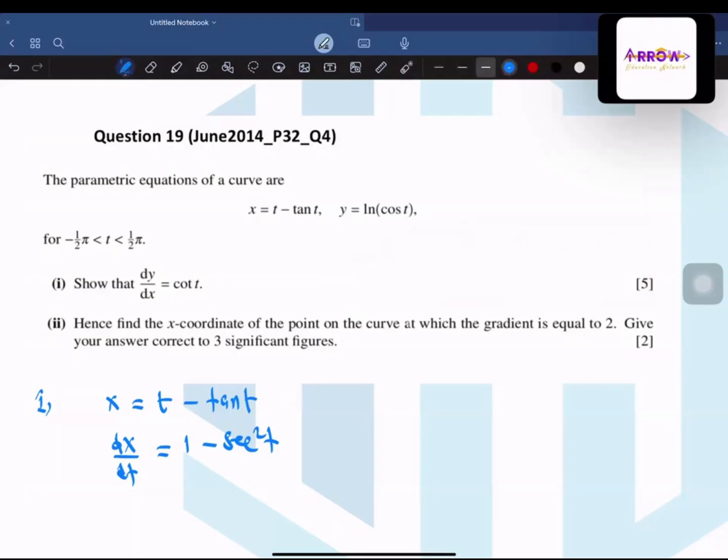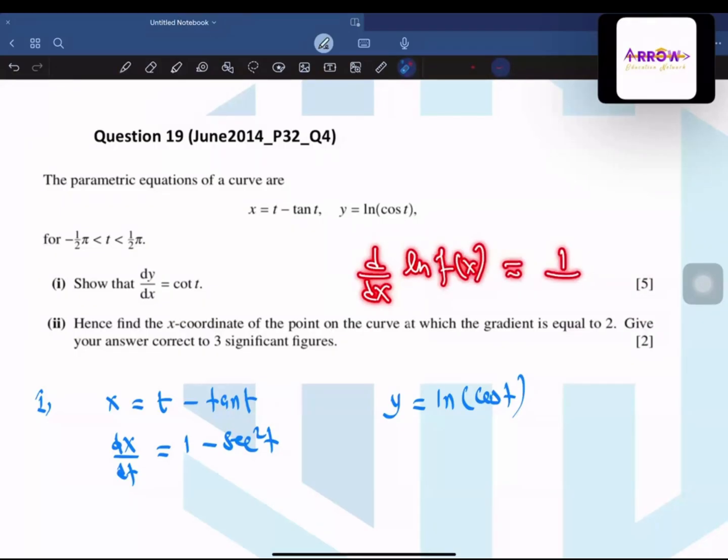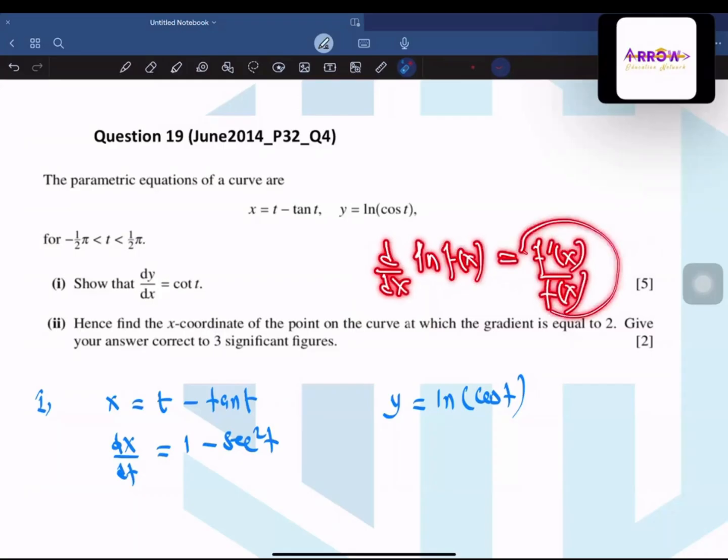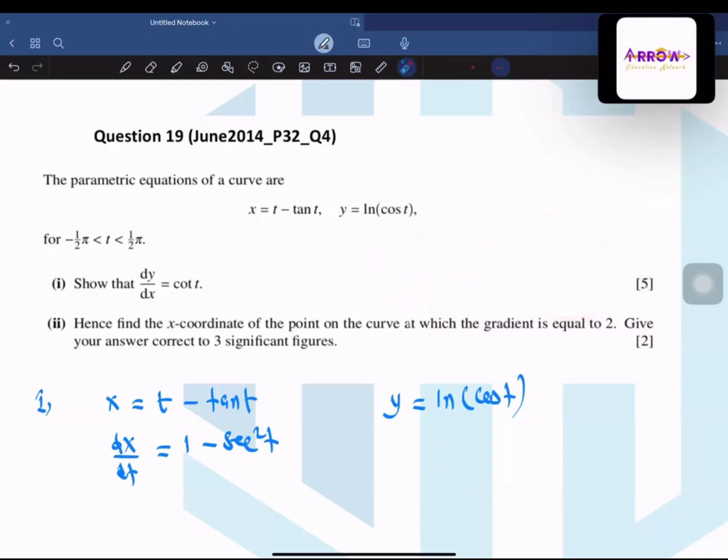And then we have y as a function of t. So y = ln cos t. As you know, when we differentiate ln f(x) with respect to x, what we get is 1/f(x) multiplied by f'(x), which is exactly the same as f'(x)/f(x).